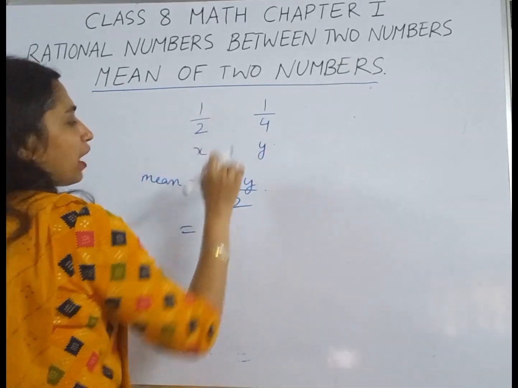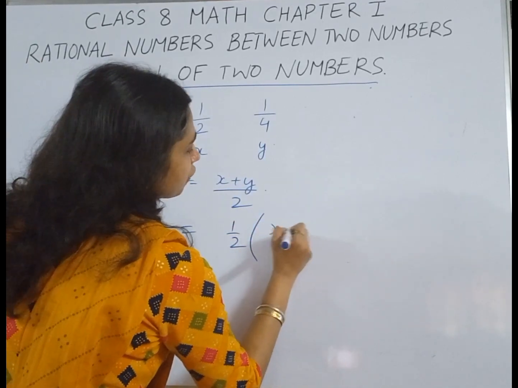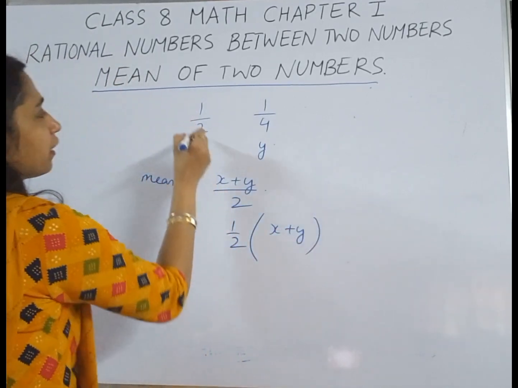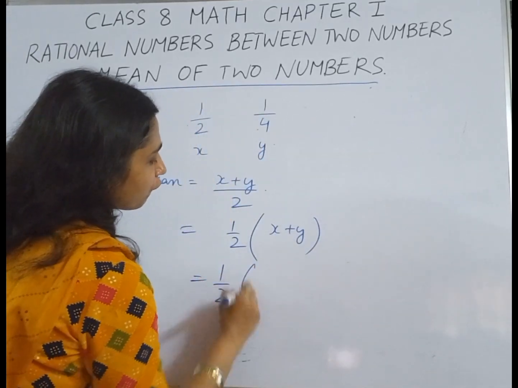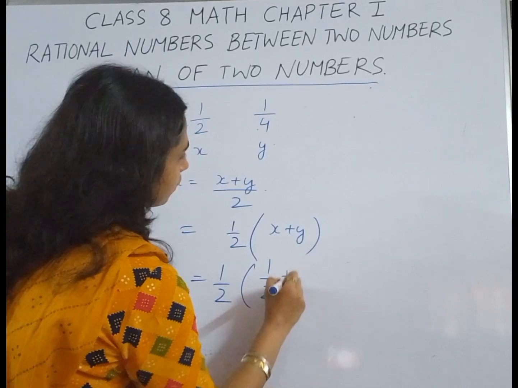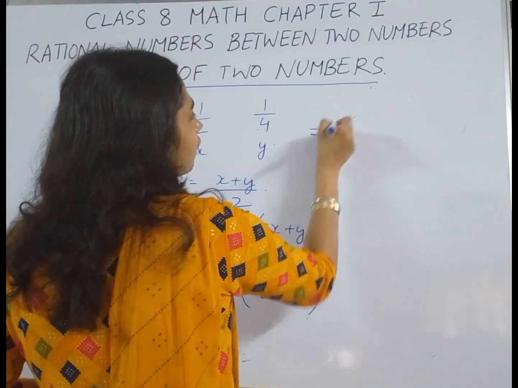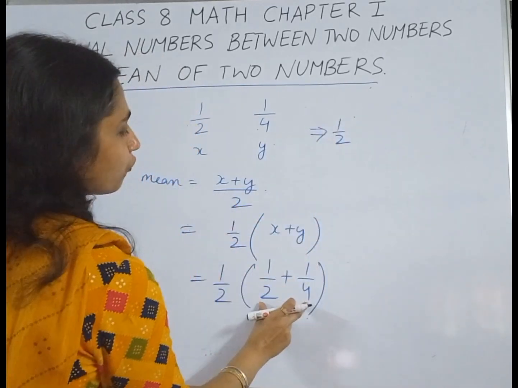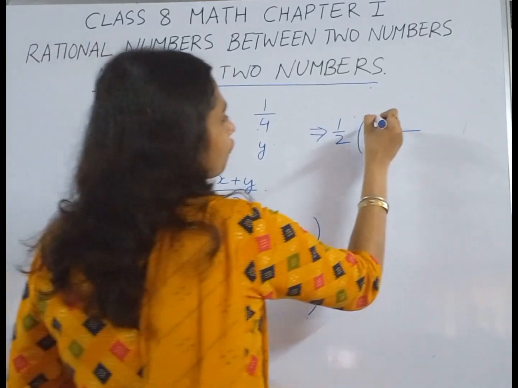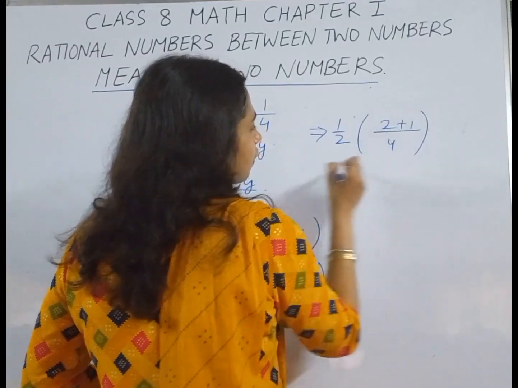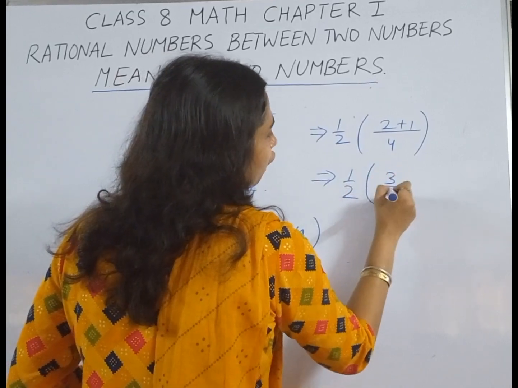By putting in the values, we can take this term equal to x and this term equal to y. So 1 by 2 of 1 by 2 plus 1 by 4. On solving, what do we get? The LCM of 2 and 4 is 4, so here we get 2 plus 1, 1 by 2 of 3 by 4.